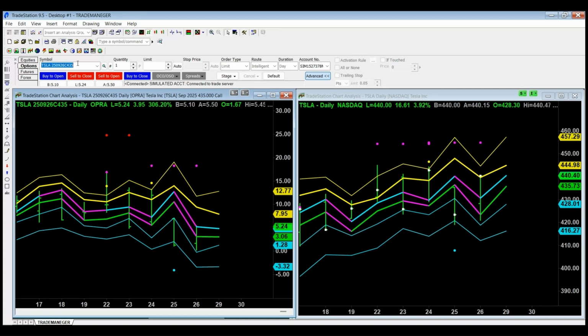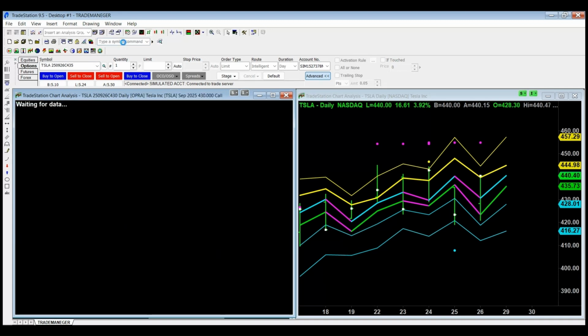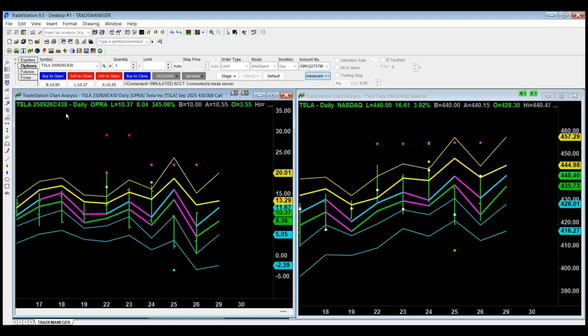So if we copy and paste this into this window, the chart will display this option chart. For example, if I select a different strike price, like 200 or 430, then this chart will change to call options with a strike price of 430.